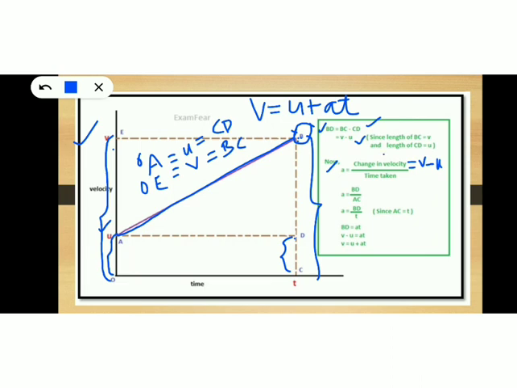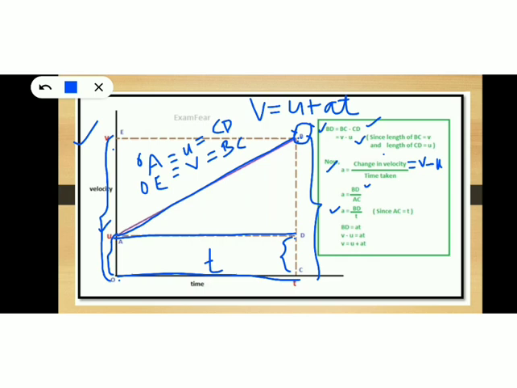So acceleration A is equal to BD by time. This is the time axis, and for time you can consider AD. AD is equal to OC, and that is equal to T. So acceleration A is equal to BD by T.